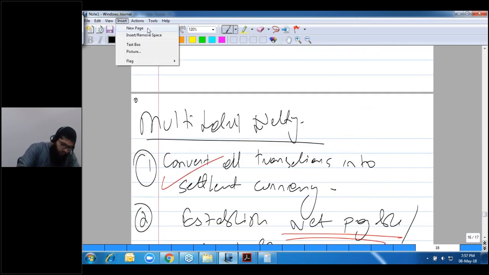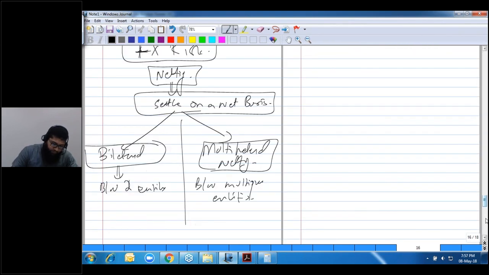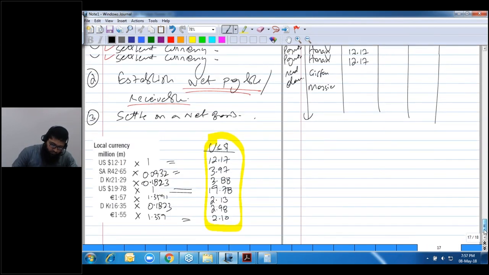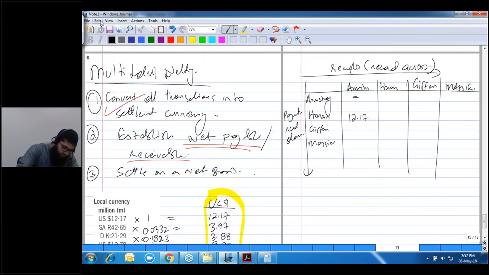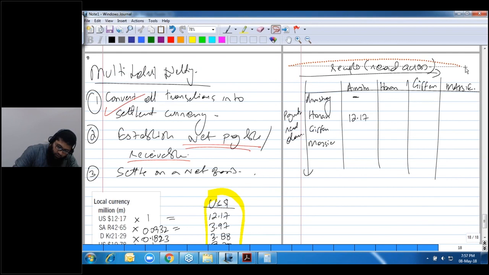Let's see. The first transaction that we had was, I think I need to just move this whole table a bit downwards.